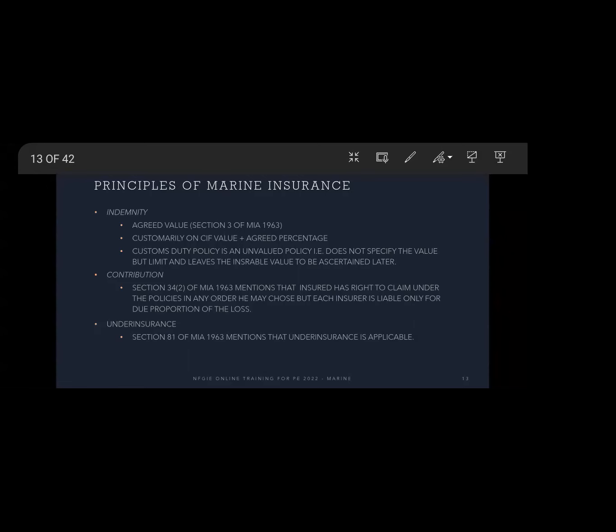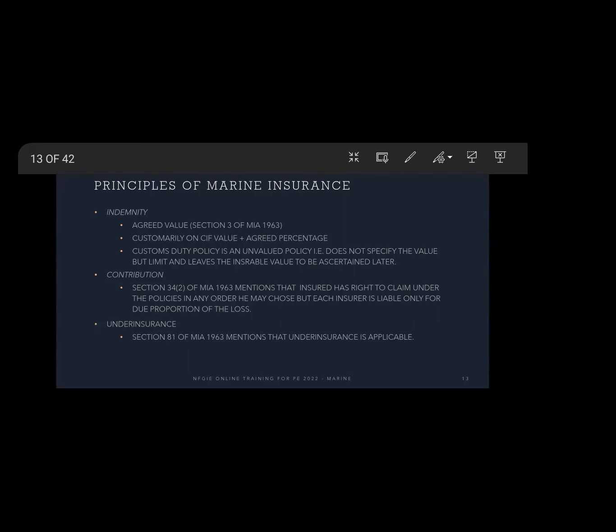Customarily, generally we are issuing policies on CIF value plus an agreed percentage. The CIF has two meanings. CIF, the Incoterm meaning, is cost, insurance and freight.